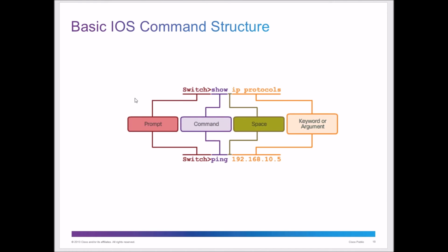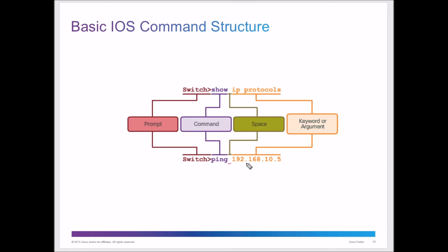When we're looking at the structure of the command line, we are typically going to have our prompt, and that's going to be where we have our name, the greater than sign or the pound sign. Then you're going to have your command, and in this case, we're going to look at the ping command, and then you're going to have a space in between there.